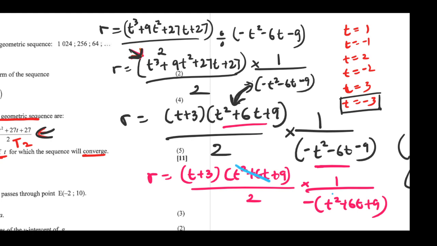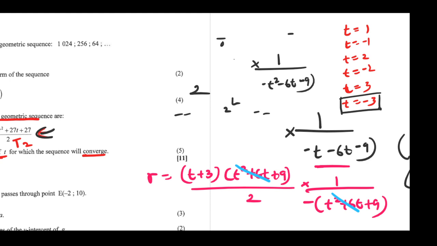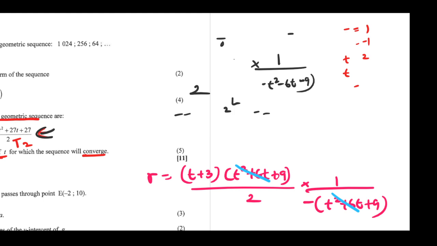You can divide out this and this. Then you remain with the following. Let me just erase everything that's at the top. Remember, we are trying to find the value of t. That is the whole purpose of this question. For us to find the value of t, we need to first find r, not necessarily the value, but r with what we have, right?